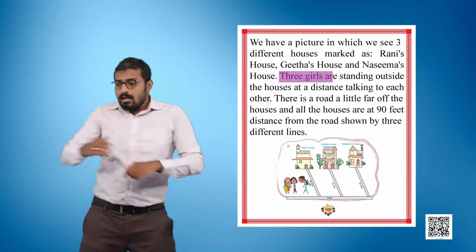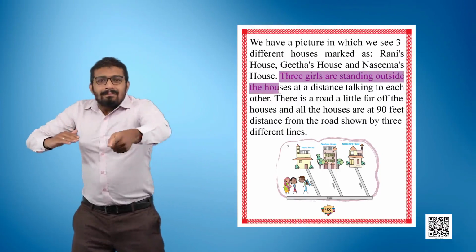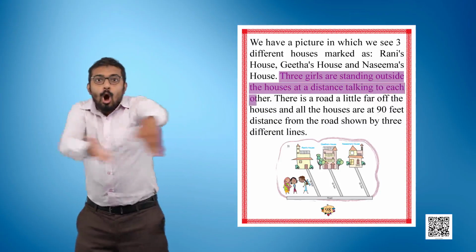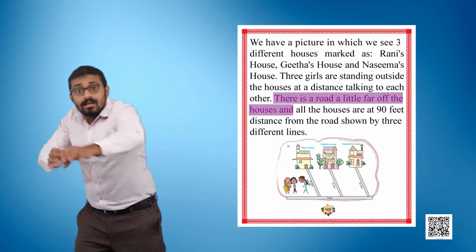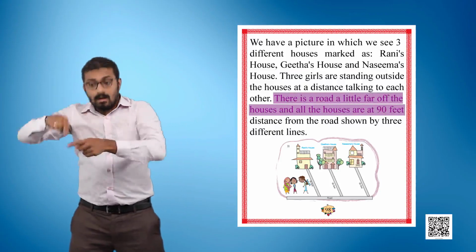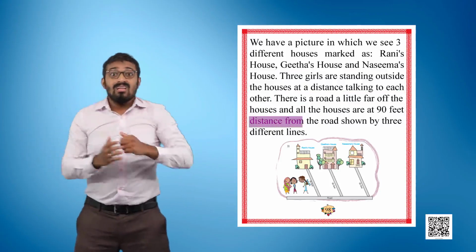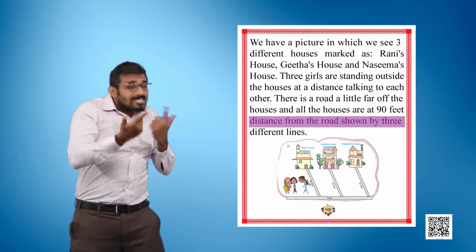Three girls are standing outside the houses at a distance, talking to each other. There is a road a little far off from the houses, and all the houses are at 90 feet distance from the road, shown by 3 different lines.